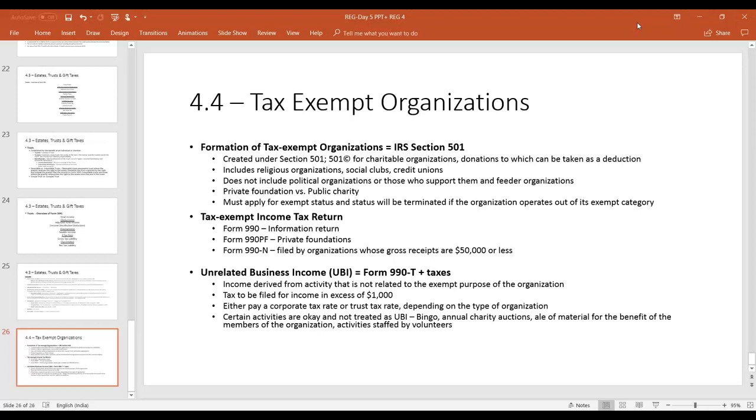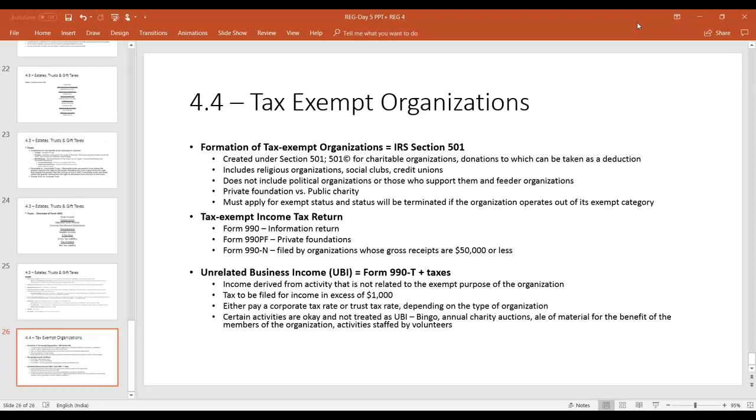Now, how do you get your tax exempt status? You actually have to apply for it, and you have to continue to be a tax exempt entity. That is, your activities cannot be outside of your tax exempt nature. If it is, then you lose your special status. Now, it does not include any political organizations or feeder organizations.